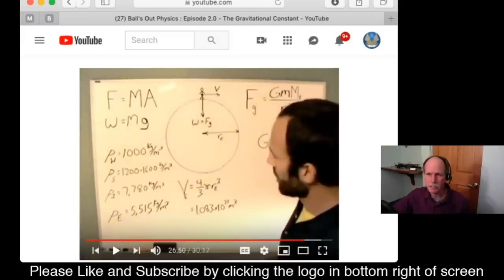Okay, now genius, we've got 2 quick questions for you. First of all, if you're going to guesstimate a density of the Earth, would you make it a little closer to soil or a little closer to iron?